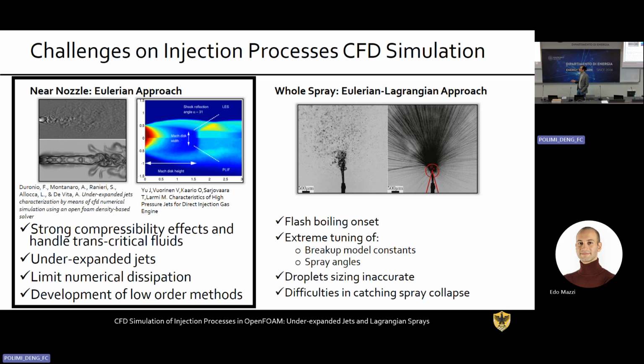We need, for sure, to get a reliable result, limit the numerical dissipation. This is a key requirement. And we need to understand the physics because we, for sure, need to develop reduced order models, low order methods, metamodels to be used in a whole engine simulation with the purpose of reducing, obviously, the computational effort.